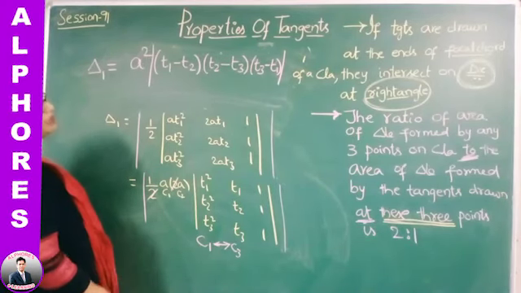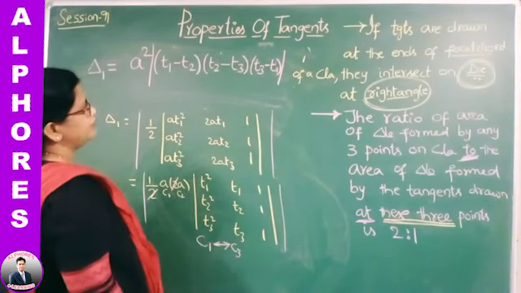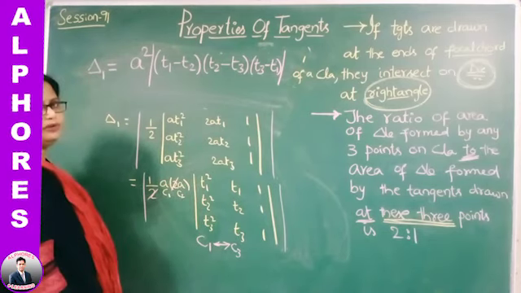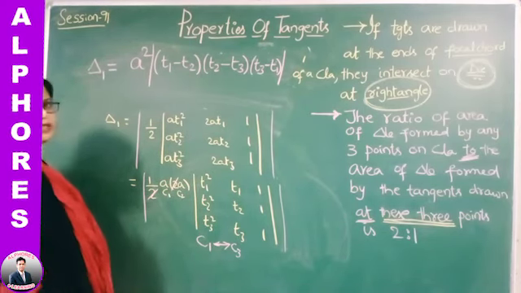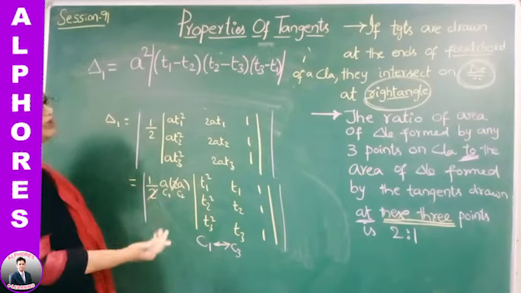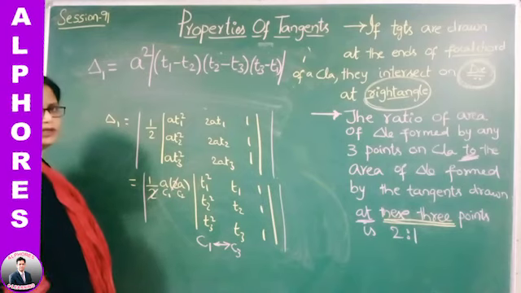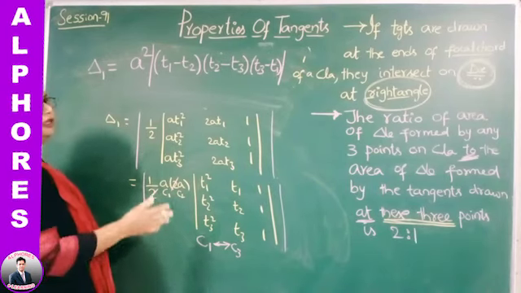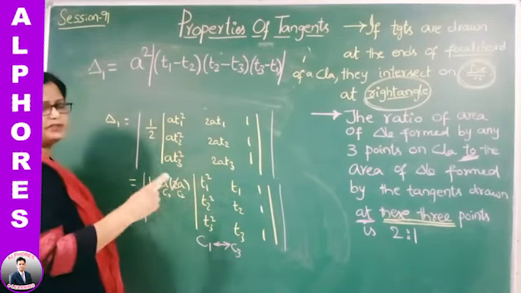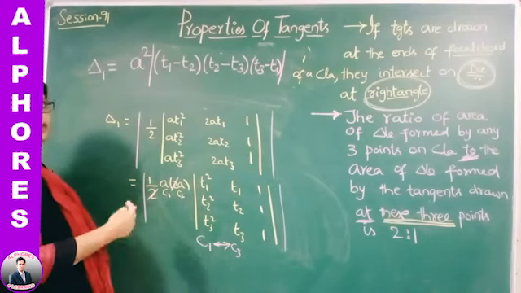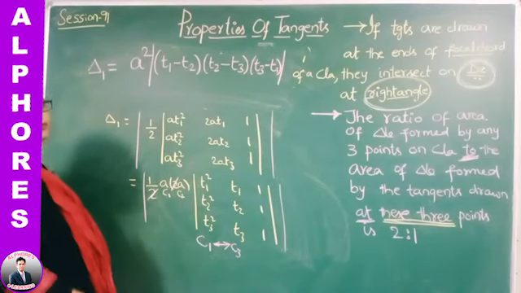Sometimes they may ask objective questions not in terms of t1, t2, t3 but in terms of x1, y1. In an objective question they may ask: what is the area of the triangle formed by any 3 points x1, y1, x2, y2, x3, y3 on the parabola y squared equal to 4ax?